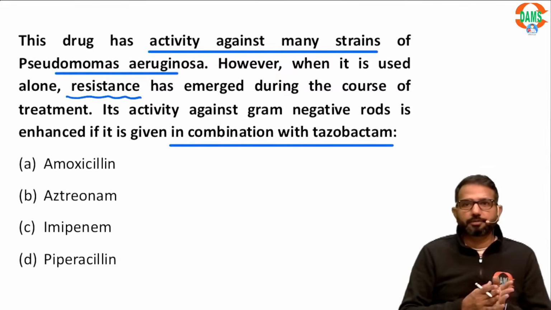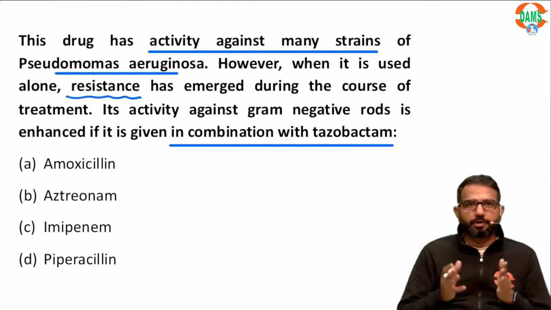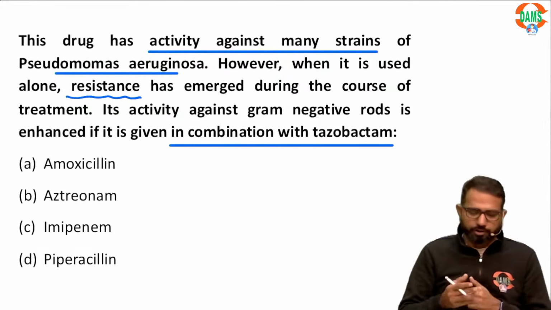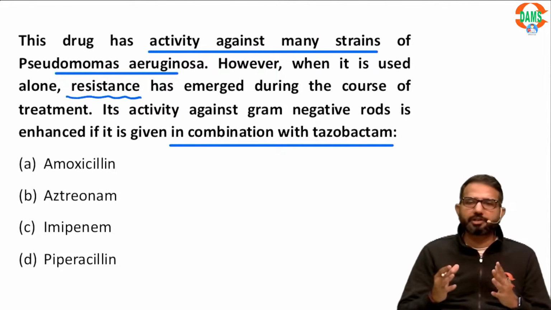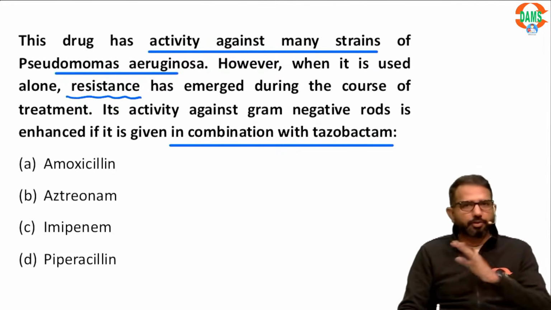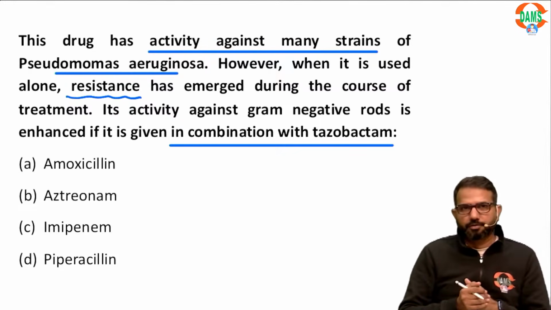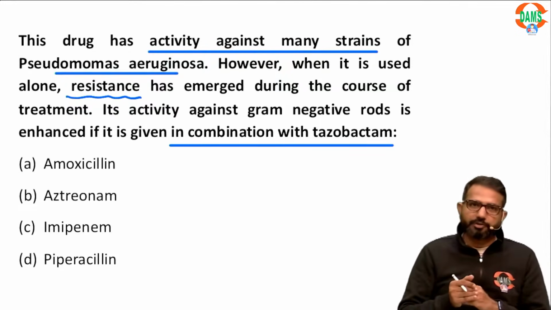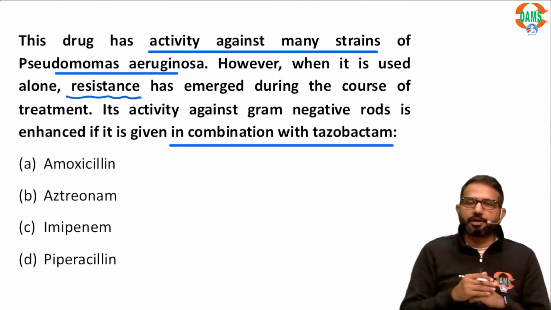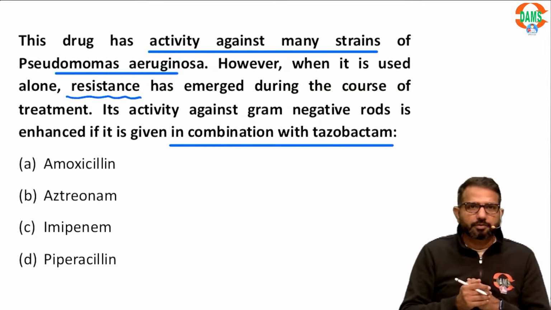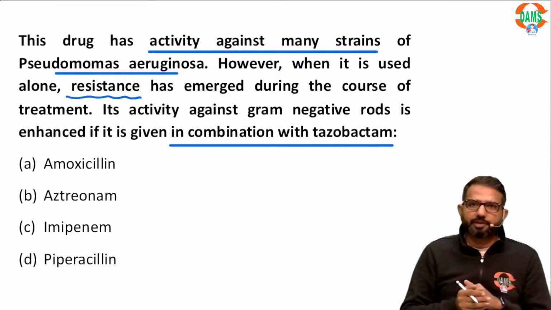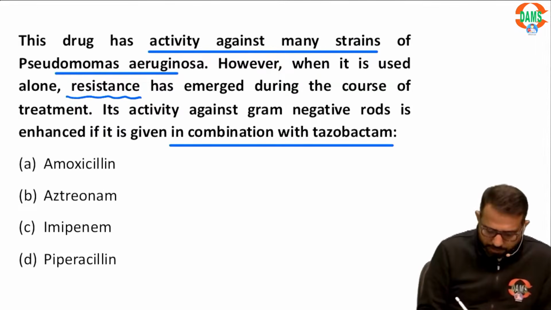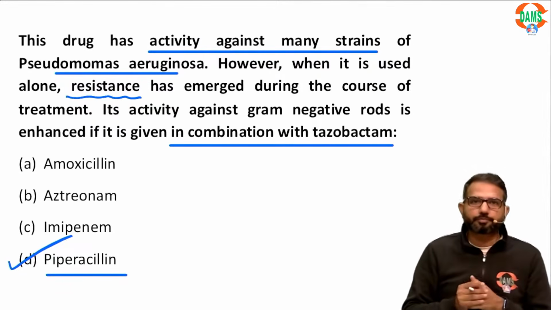Yes, very good, Dr. Saab. So, given in combination. See the options: amoxicillin, an aminopenicillin, is not effective for Pseudomonas. Aztreonam is effective for Pseudomonas, but no need to combine with tazobactam. Imipenem is not to be combined with tazobactam. Which is combined with tazobactam? This is piperacillin. Pipra-tazo.